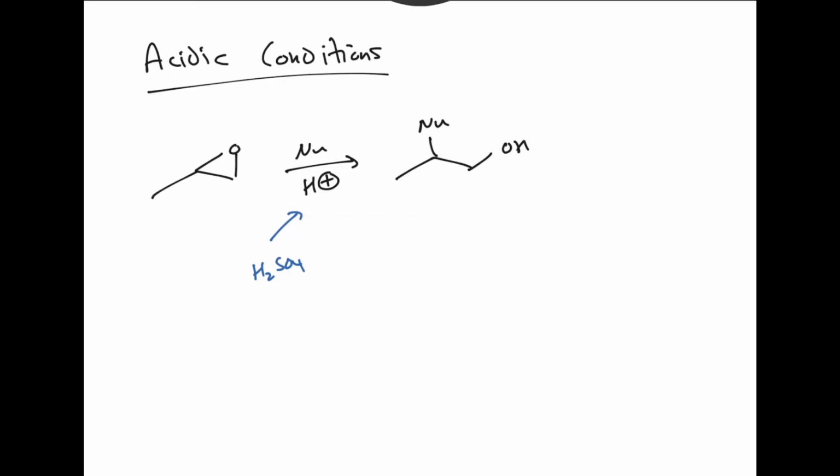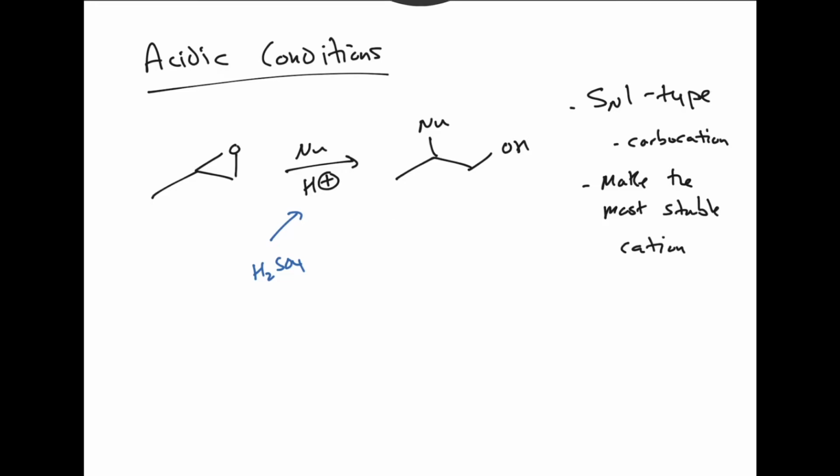This reaction is an SN1 type reaction, so it's going to go through a carbocation. And you're always going to make the most stable cation.